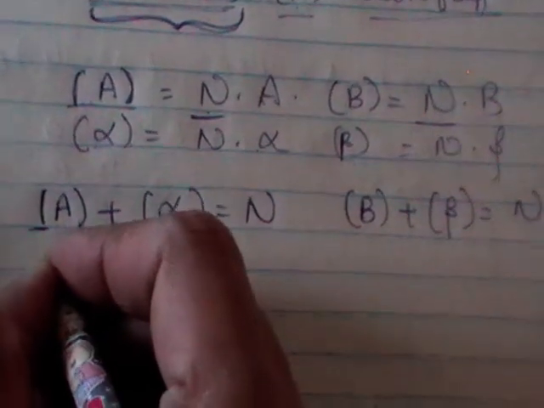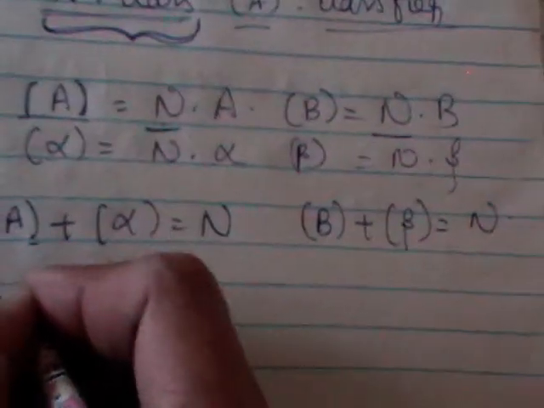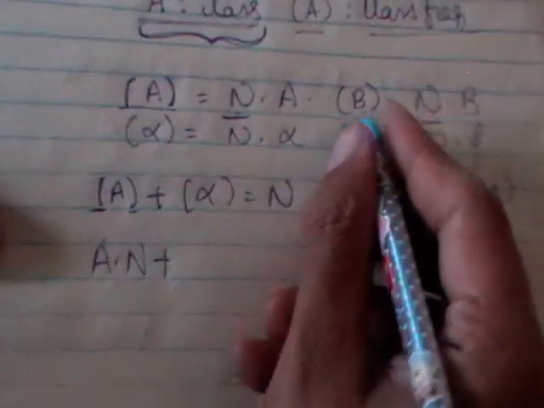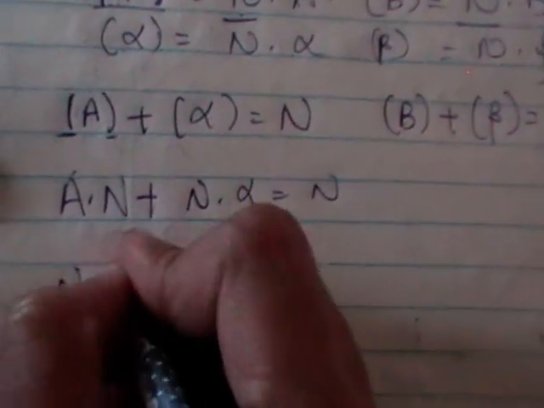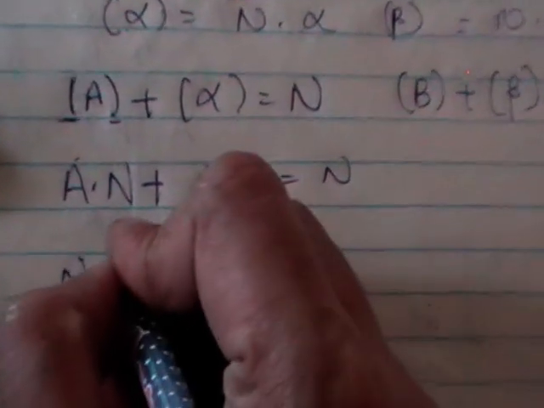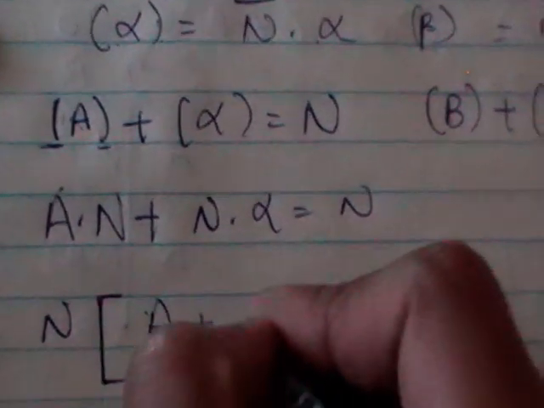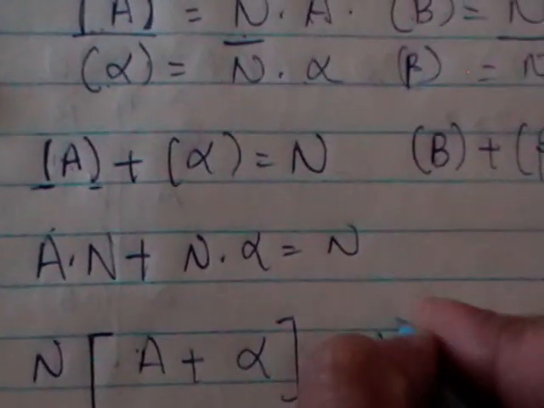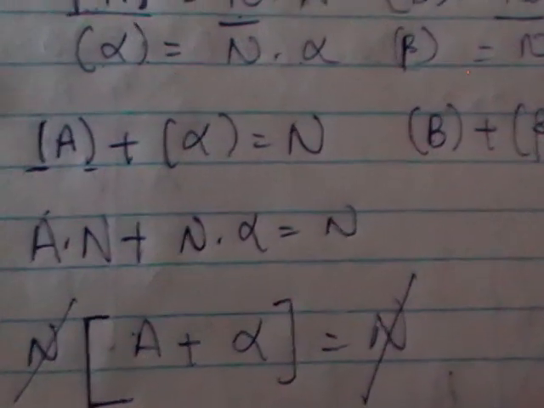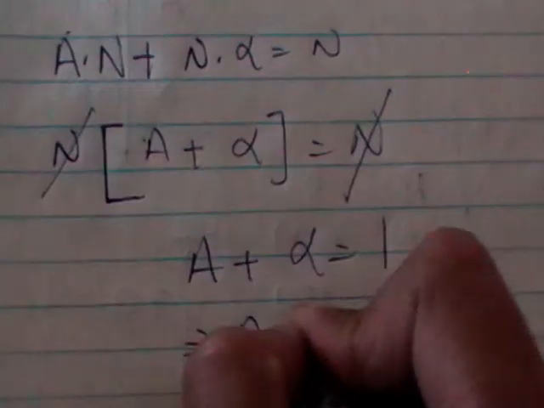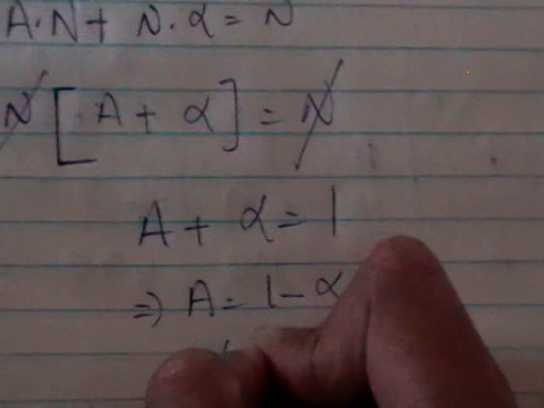Bracket A can be written as A into N, and bracket alpha can be written as N into alpha, which is equal to N. If you take N common from this, I am using different brackets, we get N times (A plus alpha), which is equal to N. Cancel these two, you will get A plus alpha is equal to 1, which means A is equal to 1 minus alpha, or alpha is equal to 1 minus A.